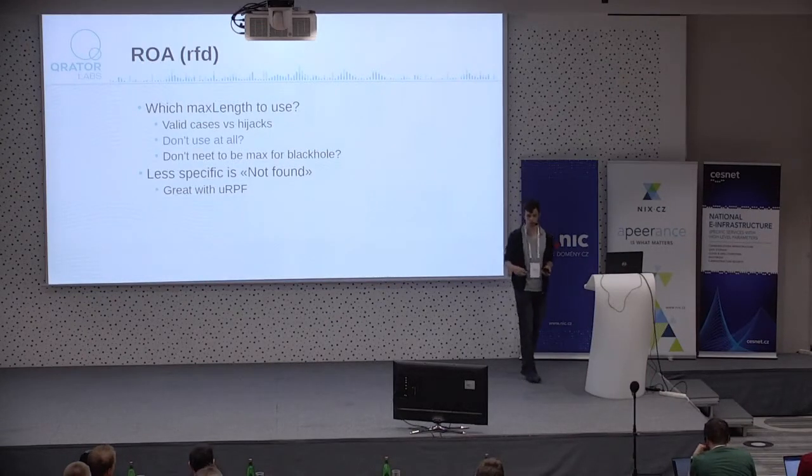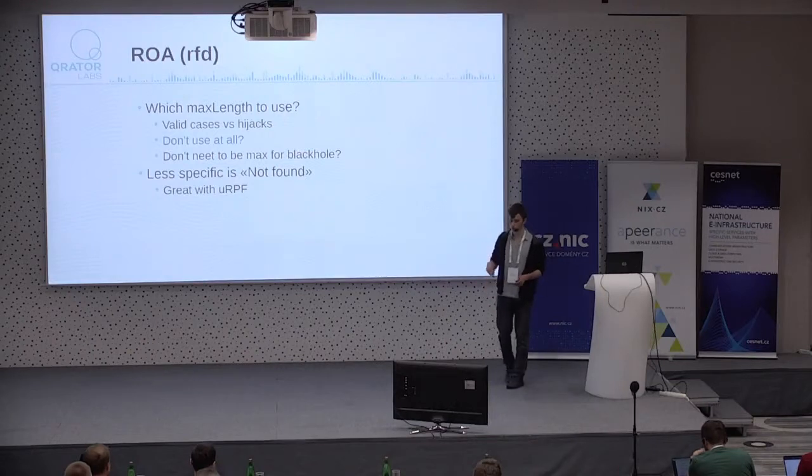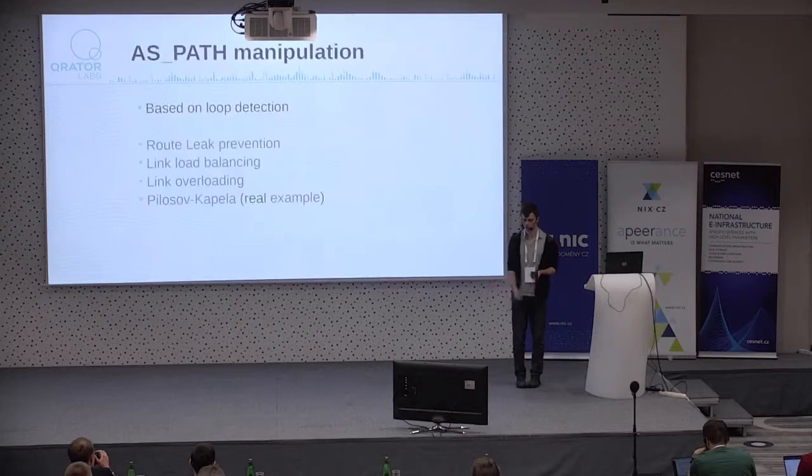This is the first side of the problem. But the second side is if some particular region in the world doesn't see your routes, they will be redirected to this particular less specific. And if there is some possibility to drop your valid route, this kind of attack will be much more harmful.